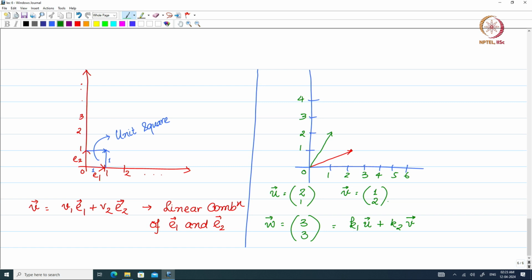That means we need to find the scalars k1 and k2 such that k1 u plus k2 v gives (3, 3). It is not difficult to see that k1 equal to 1 and k2 equal to 1 will help us get (3, 3) as a linear combination of (2, 1) and (1, 2), right.